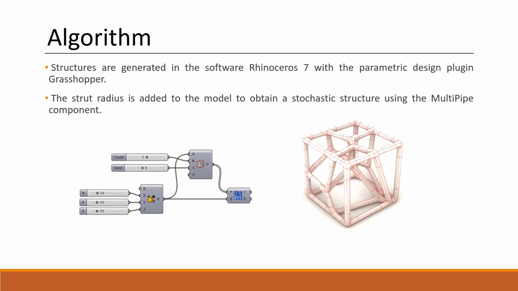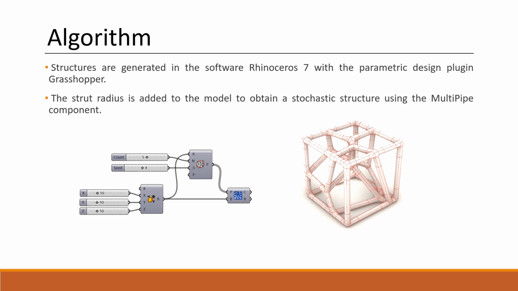Stochastic structures are generated in the software Rhino 7 with the parametric design plugin Grasshopper. It's necessary to define the distribution of points using the component Populate within certain boundaries. The component Cull Duplicates is used for nodes by defining close points within a defined tolerance.